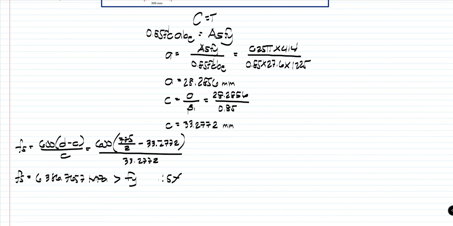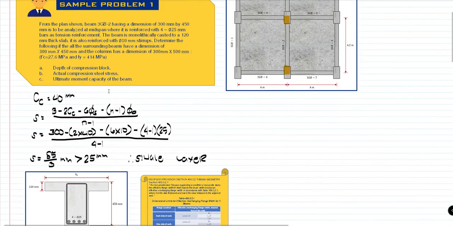And then, A, now, na require sa atin nung problem is ito, since na-prove naman na natin na steel yields. And sabi pa dito sa problem, we need the actual compression or tension yan. So, wala kasi tayong compression side for this one. So, this should be tension. So, that is the tension steel stress.